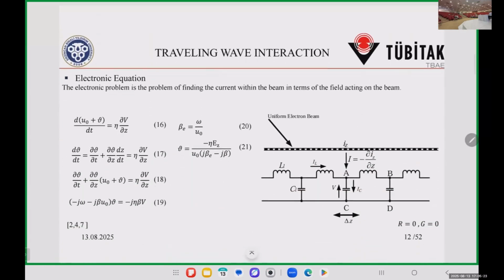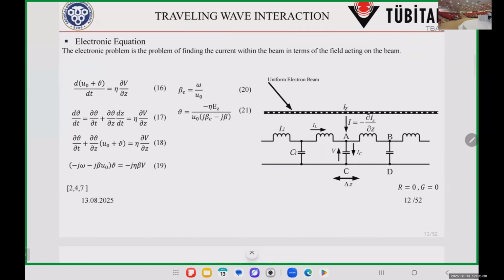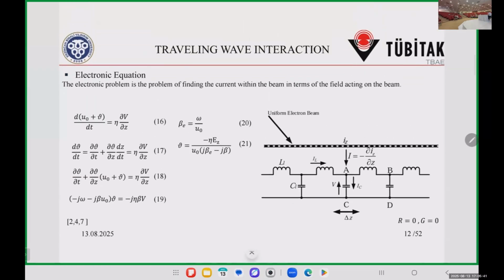Another point is the electronic equation we want to know. The electronic equation is the problem of finding the current within the beam in terms of the field acting on the beam. We know the electron beam consists of two velocities: one is the AC component of electron velocity, and the other is the average velocity of electron.